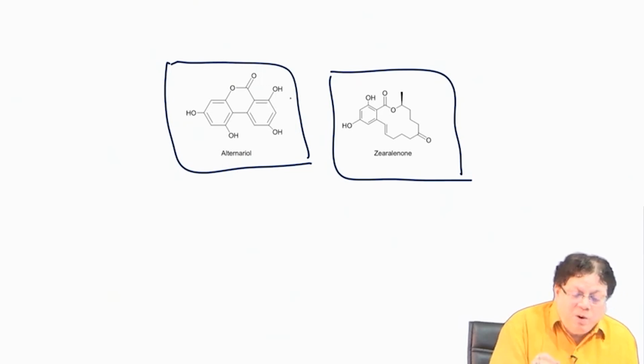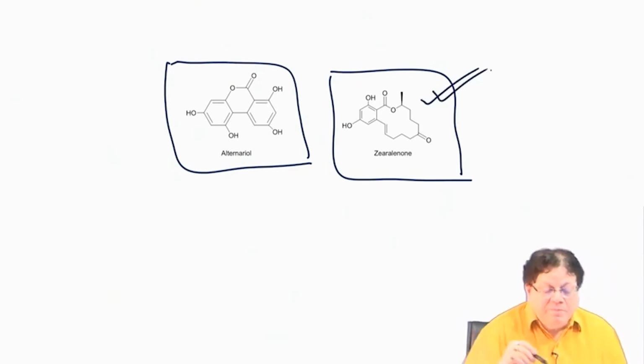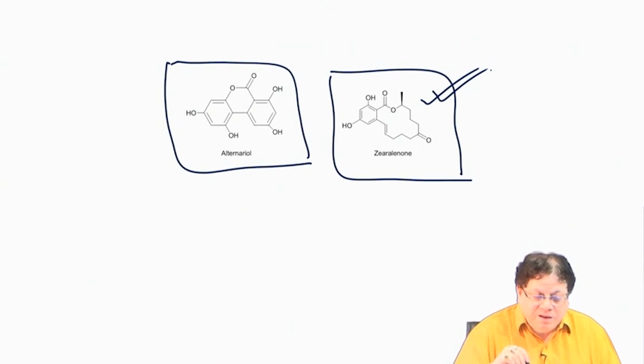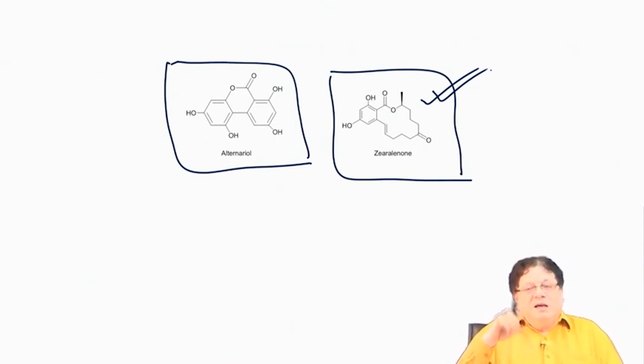Now, if I want to first take this one, this is a polyketide. How do I know? Is there any signature that after writing the natural product you see whether it is a polyketide? Usually polyketides have a lot of oxygens in them.